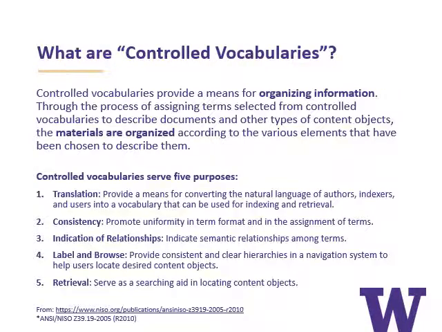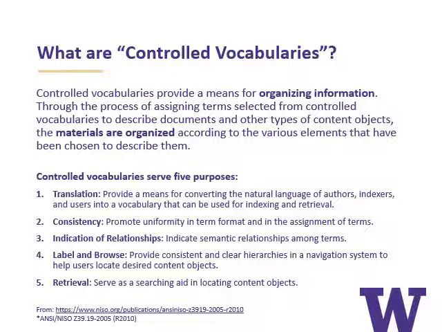Controlled vocabularies provide a means for organizing information. Controlled vocabularies serve 5 purposes. Translation: they provide a means for converting the natural language of authors, indexers, and users into a vocabulary that can be used for indexing and retrieval. Consistency: they promote uniformity in term format and in the assignment of terms.